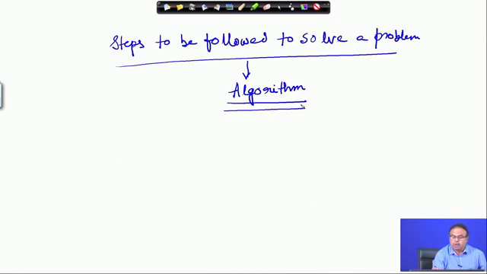Algorithm consists of the specific steps or the methods that have to be followed in order to solve a problem.